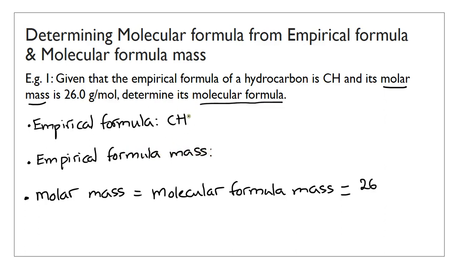So the empirical formula is CH, which means that the empirical formula mass, which is going to be the same as the molar mass of CH, is going to be 12, which is the molar mass of carbon. Let me just write that. So mass of carbon plus mass of hydrogen. So there is one carbon and one hydrogen atom in this empirical formula.